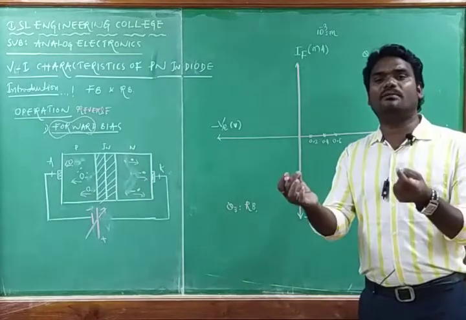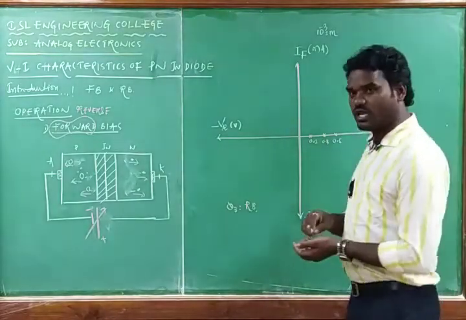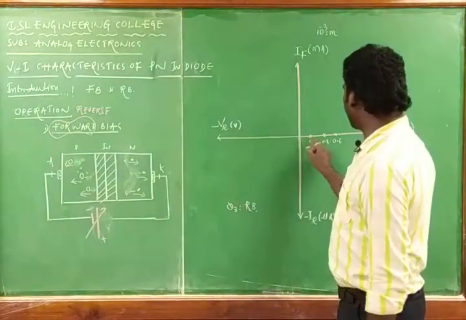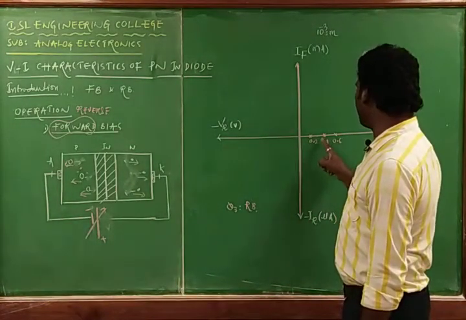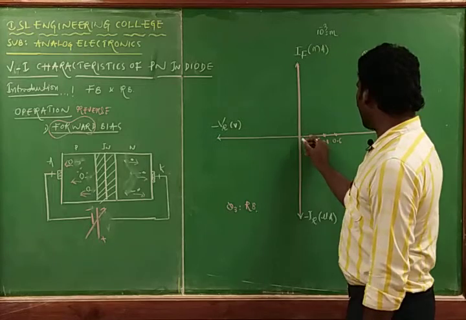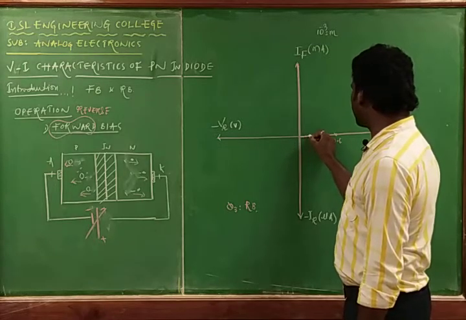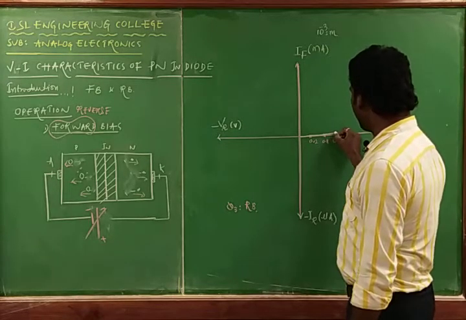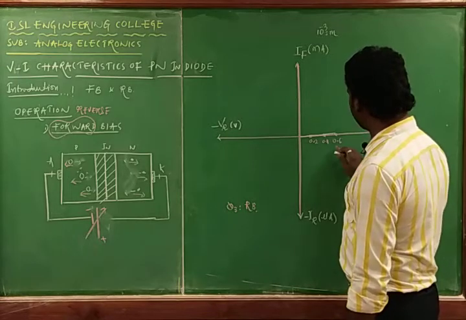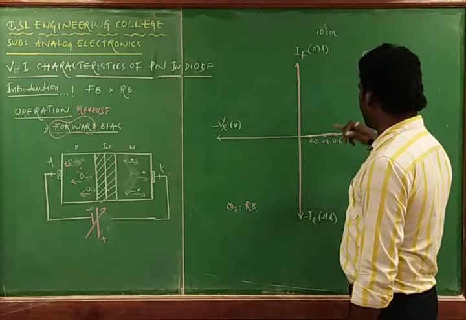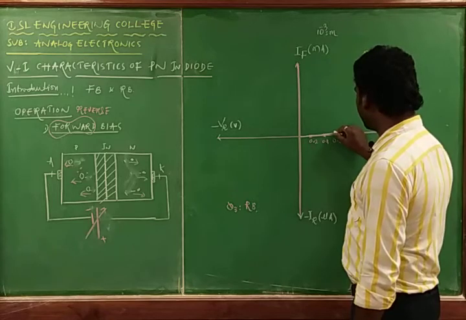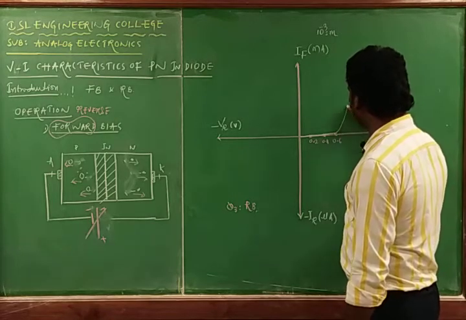If you plot this, at 0.2 volt there is no current, at 0.3, 0.4 volt no current, and at 0.6 also no current, so I represent this as 0. At 0.6 onwards it is ready for current conduction. If you apply beyond 0.6, the current increases enormously.